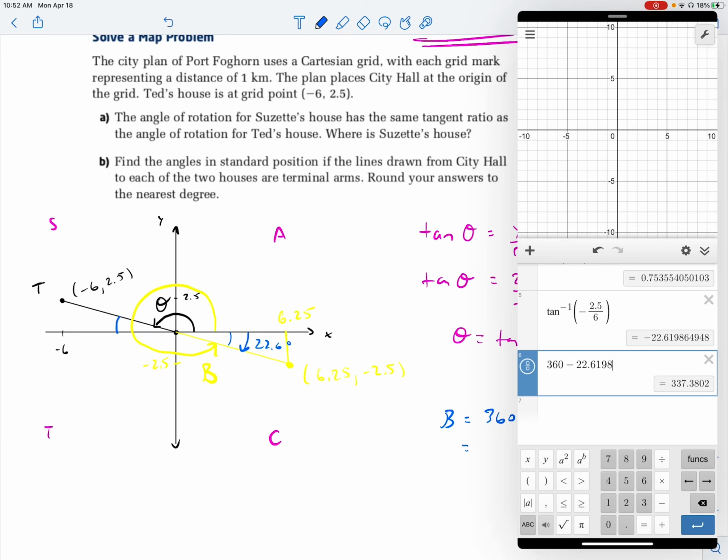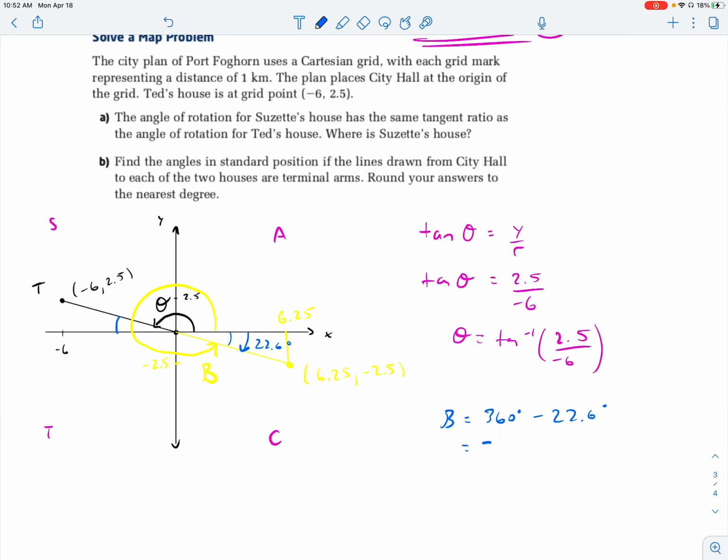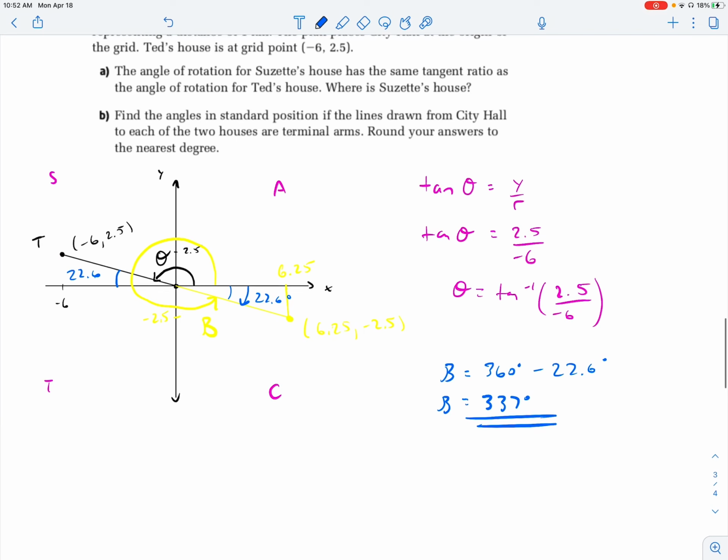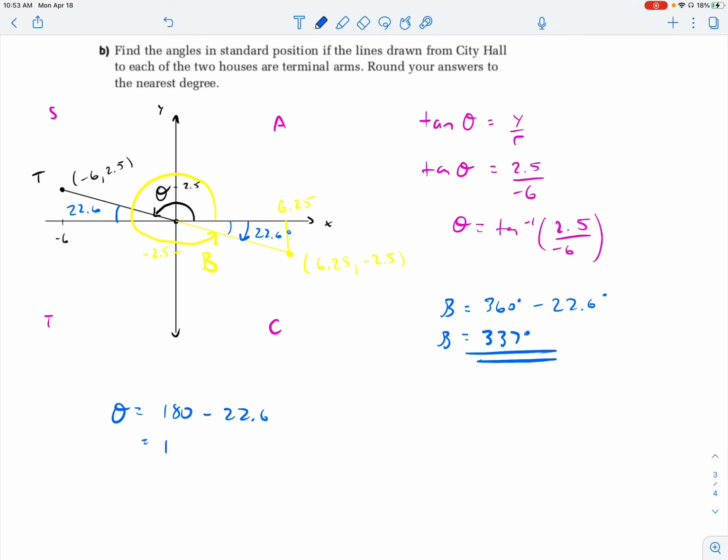We're supposed to round to the nearest degree, so beta is 337. So what's angle theta then? Remember how we said this was 22.6? That means this is also 22.6 as well. So theta is going to equal 180 minus the 22.6. That gives us 157.38, which we round down to 157.